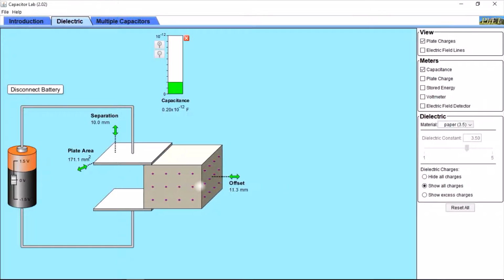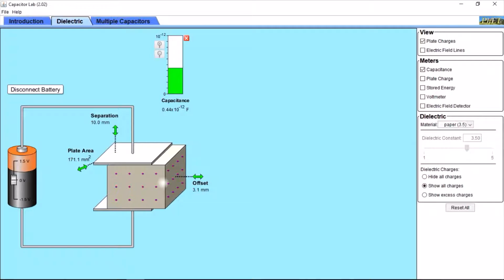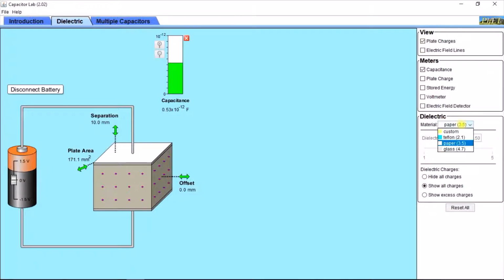When we insert the material between the two plates, the capacitance is increasing. Let's try to change the permittivity constant. The dielectric constant is 5 for now. Let's see what will happen if we decrease the constant. Therefore, the capacitance is decreasing.